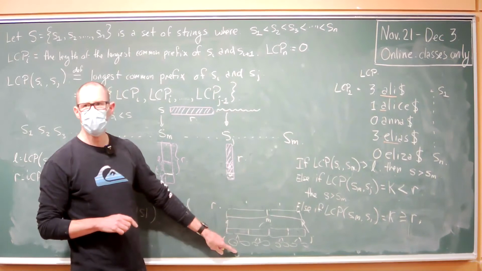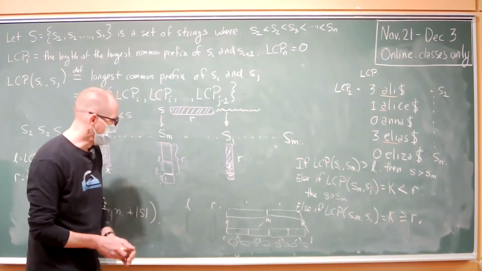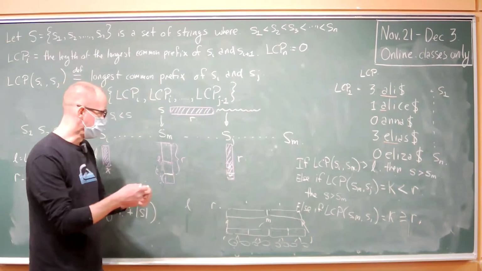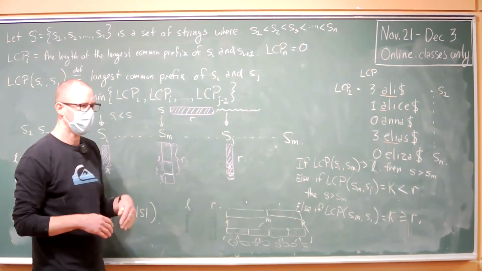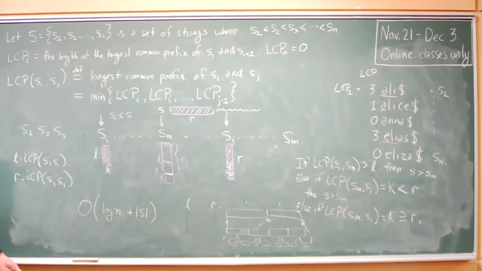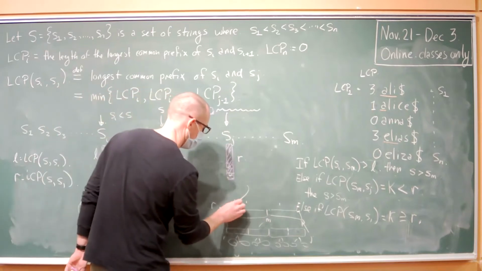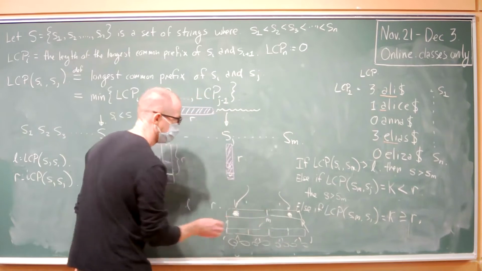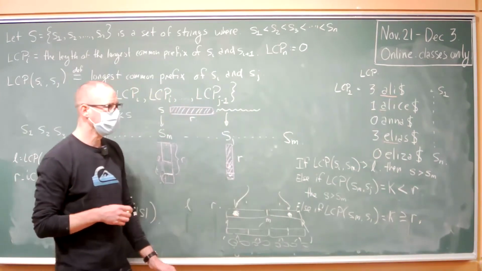And you can compute those easily by starting from the leaves of this tree, working on the pairs and working up. So you don't need a full range minimum query structure, because you're never going to ask a question like, what's the longest common prefix between this string and this string? That just doesn't happen in this algorithm.